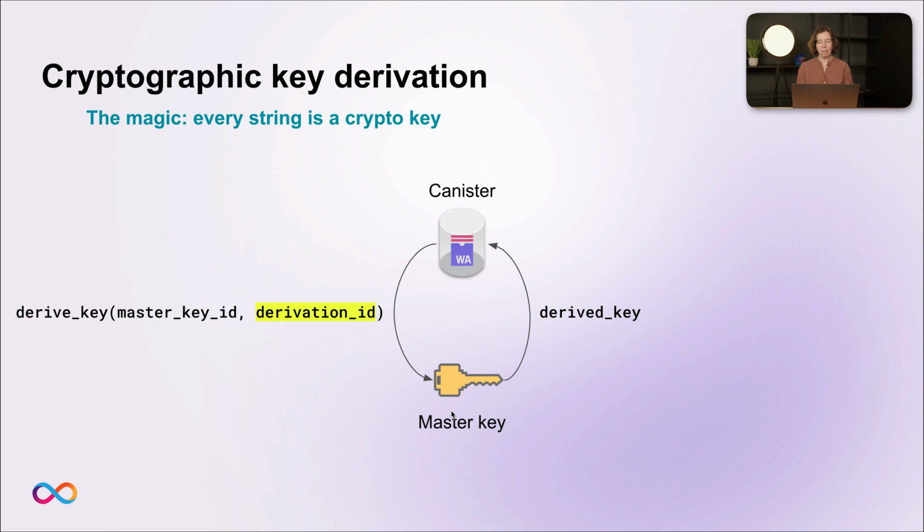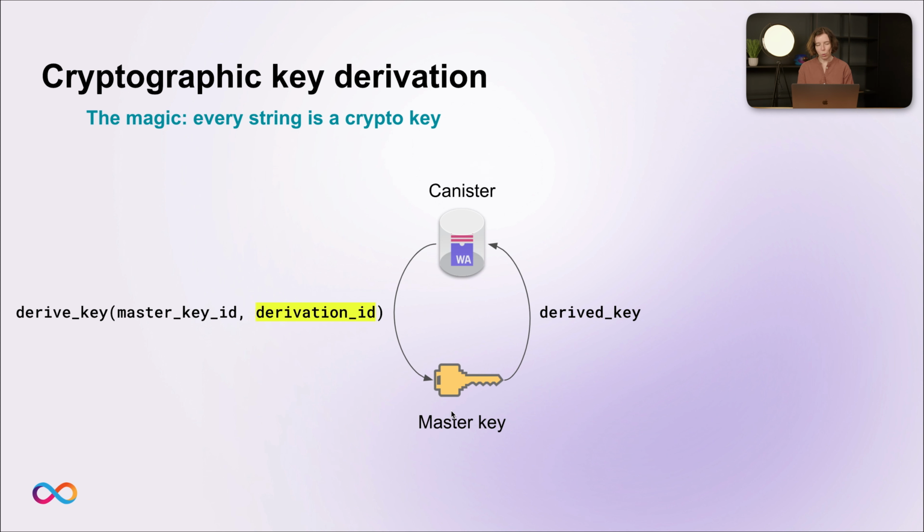This is a very basic picture that I will build upon over the next couple of slides. Suppose you have a canister or a piece of software for which you want to derive a key. You can call a derive key method. You need to derive this key from some master key that has these properties that can bestow security onto other keys.